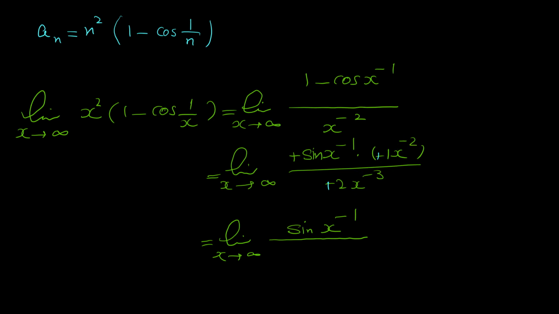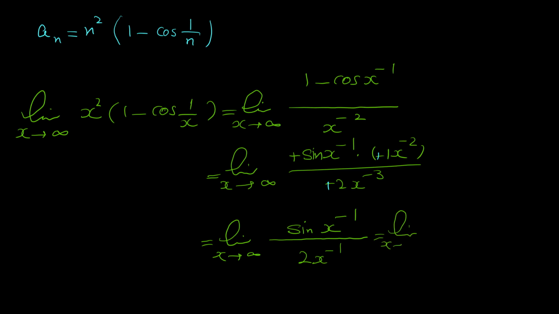Pay attention that x to the negative 3 is basically x to the negative 2 times x to the negative 1. Only one x to the negative 1 remains. So in the denominator we have 2x to the negative 1. But because again we have x in the numerator and denominator, we apply L'Hopital's rule again.